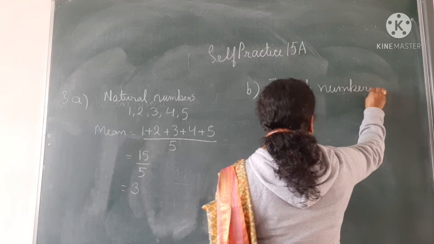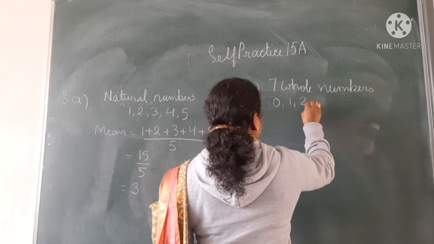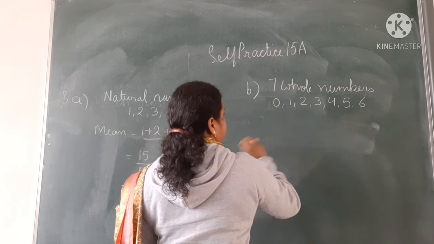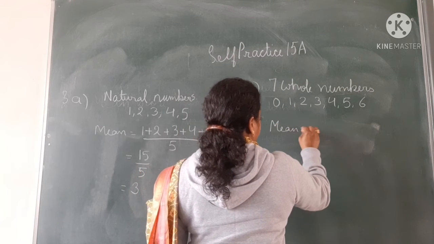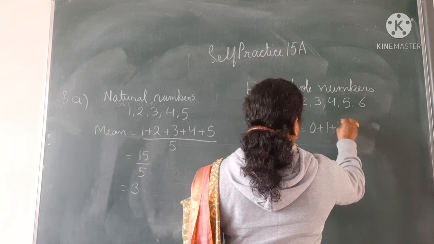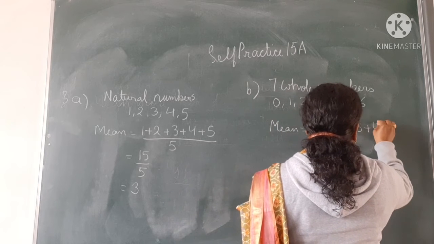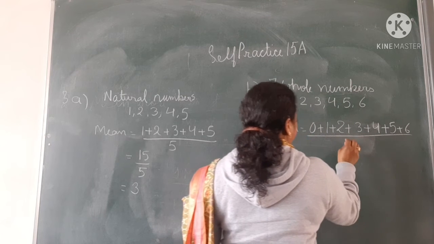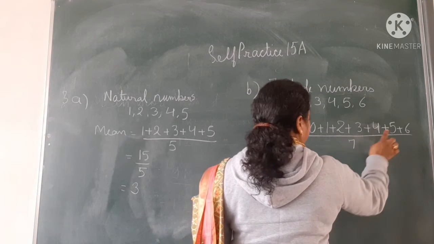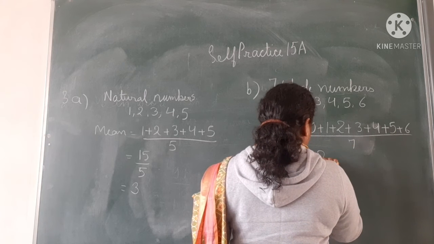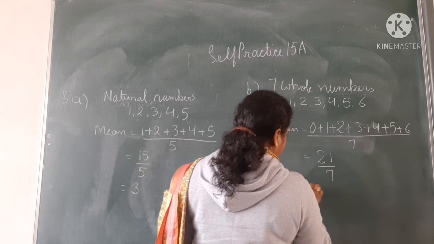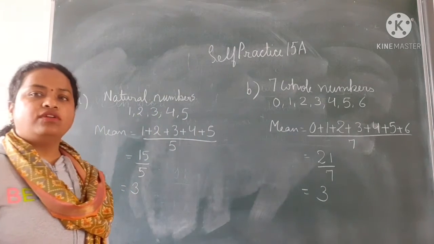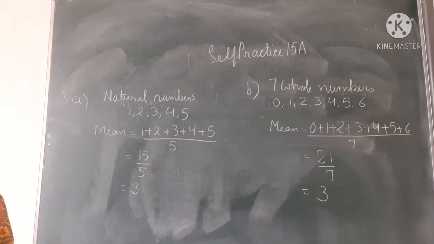Whole numbers start from 0. 1, 2, 3, 4, 5, 6. So what is its mean? 0 plus 1 plus 2 plus 3 plus 4 plus 5 plus 6 upon 7. So 15 plus 6, 21 upon 7, that is equal to 3. So what is the mean of the first 7 whole numbers? That is also equal to 3.